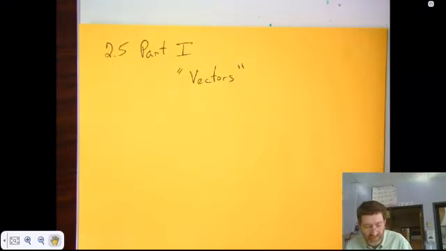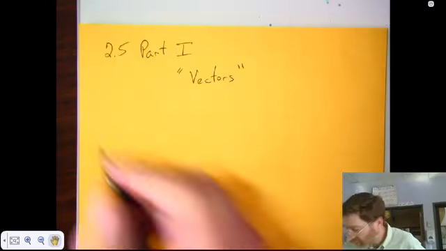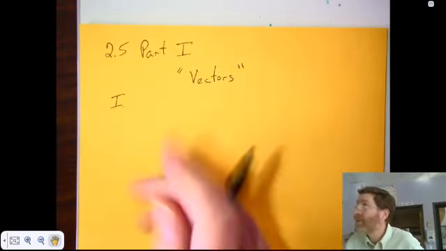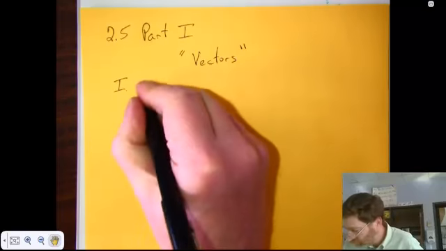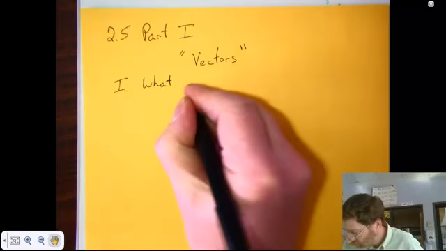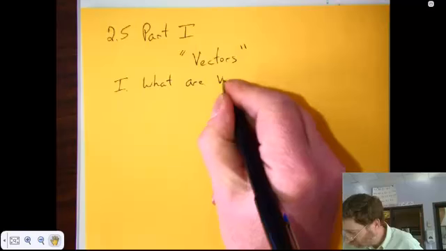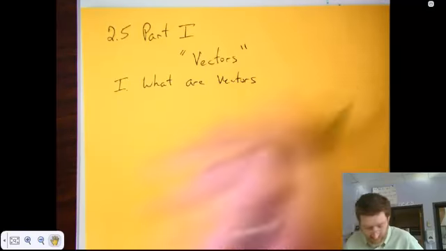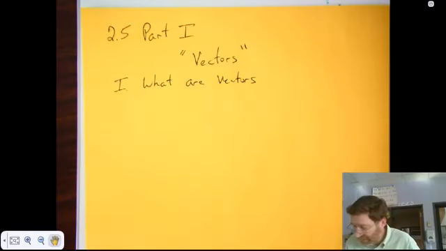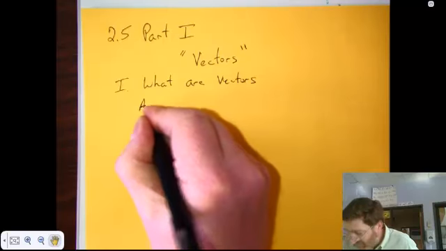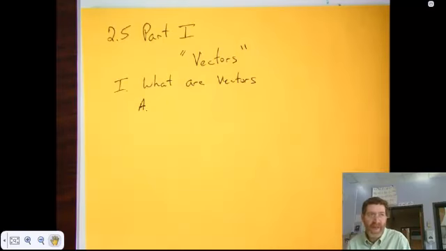Okay, so today's on vectors. So let's first off, if you haven't had these before, let's talk about what vectors are. I guess first off, they're used to represent mathematically quantities that have both magnitude and direction.